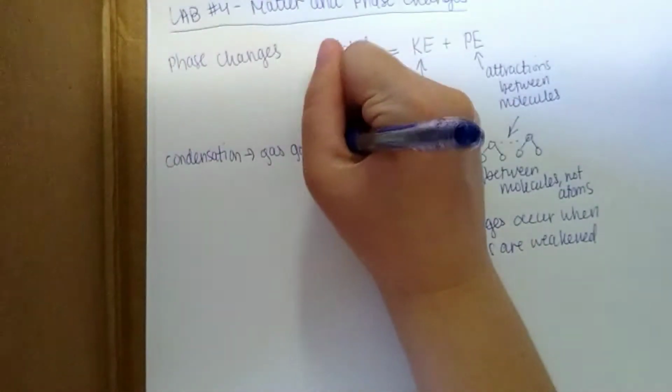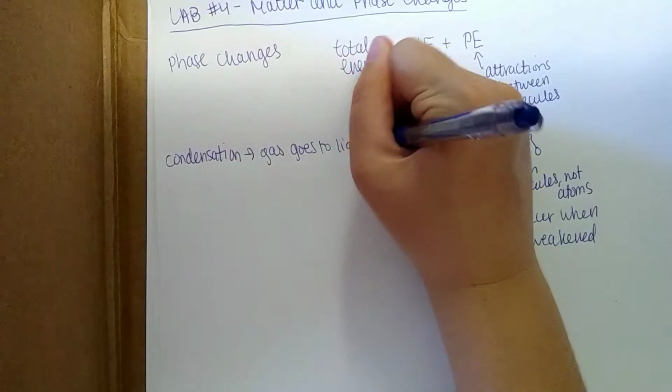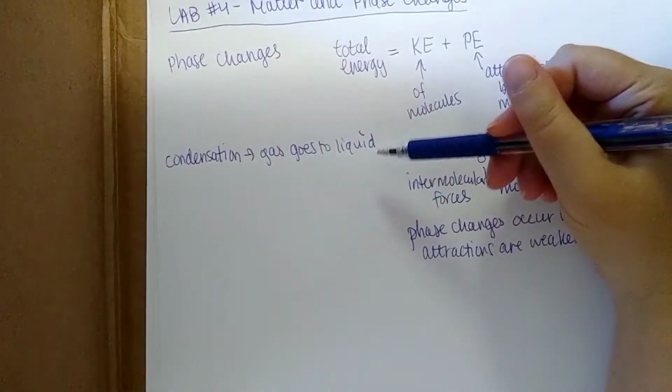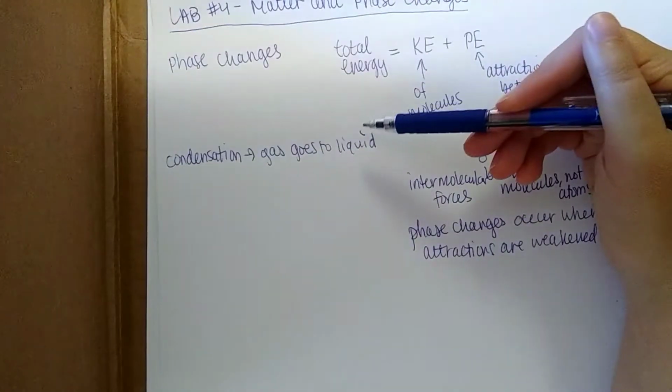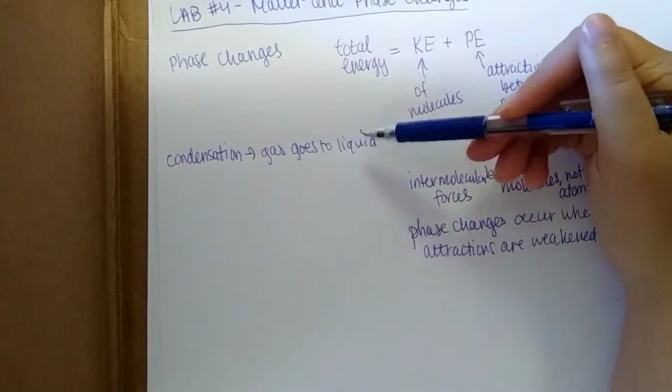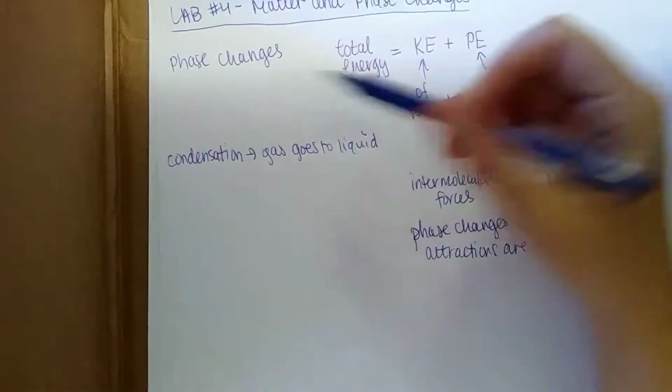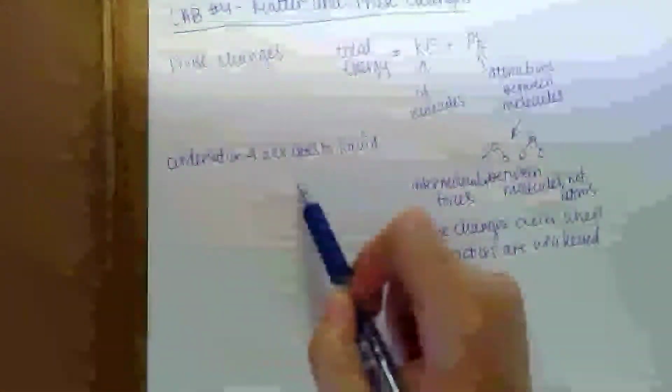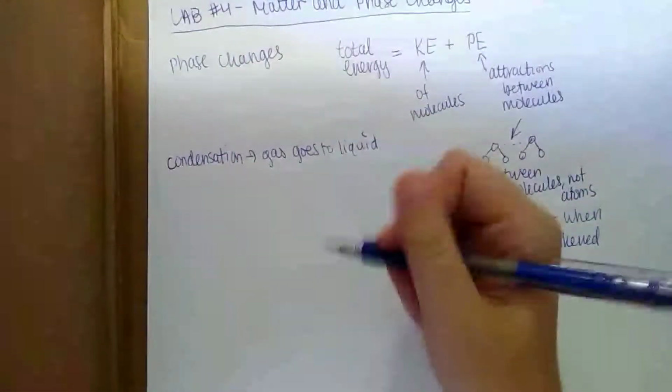So this is when a gas goes to a liquid. And this is basically what you're going to be doing later during the distillation part of the lab. You're going to be evaporating some liquid and then condensing it away to separate it. I'll talk a bit about distillation in a second. So yes, condensation is when we're going from gas to a liquid.